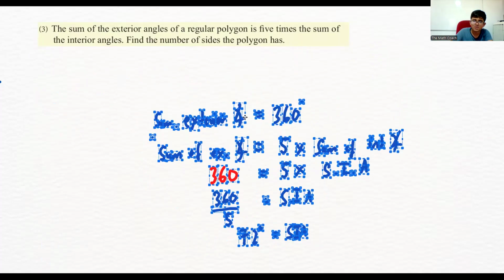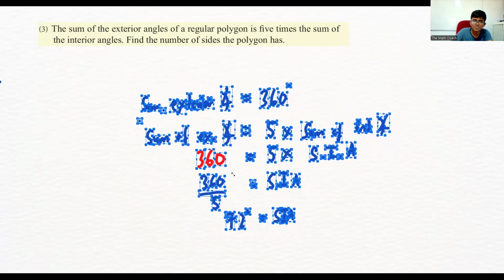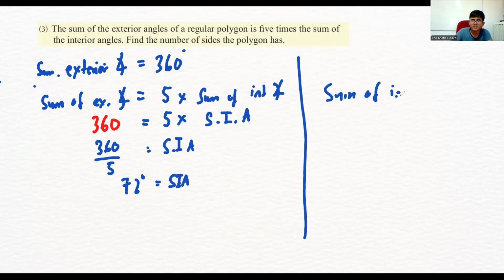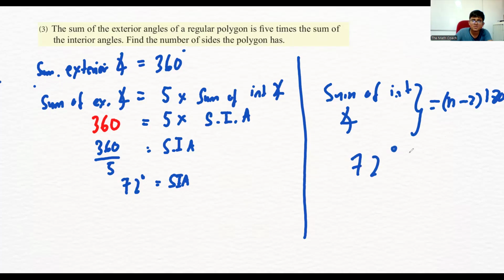Now let's use that equation here. The sum of interior angles equals n minus 2 times 180. We have 72 here, so 72 equals n minus 2 times 180. I think something's wrong in this question.